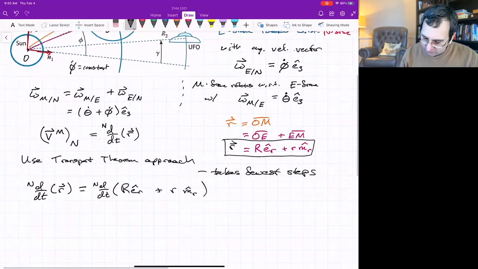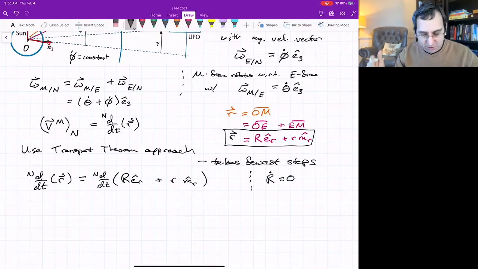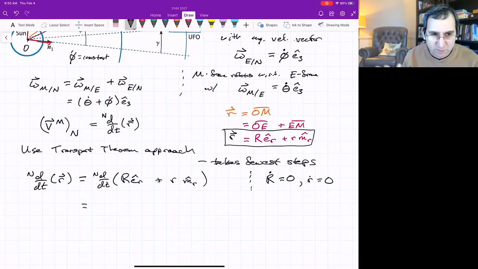And then some things we need to know. R dot is 0. We're talking about circular orbits, so big R is a constant and little r is a constant. So when I carry through this derivative using the product rule for a scalar times a vector, I'm not going to get any derivative of the scalar.